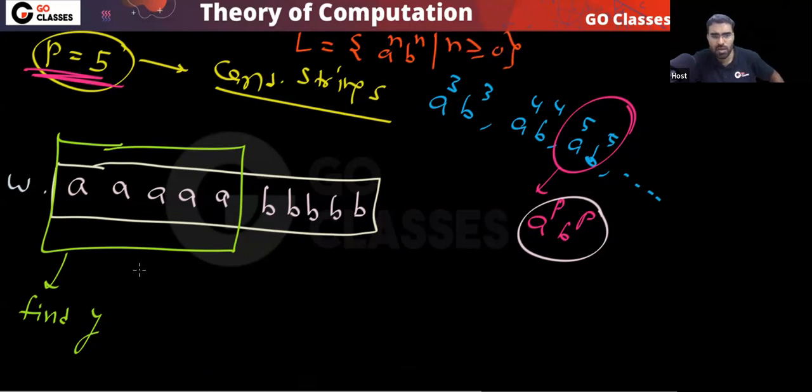You tell me one thing. Whatever y you take, if you repeat it 0 times, in the resulting string, what will be the connection between number of a and number of b? Did you understand? Find y in this.